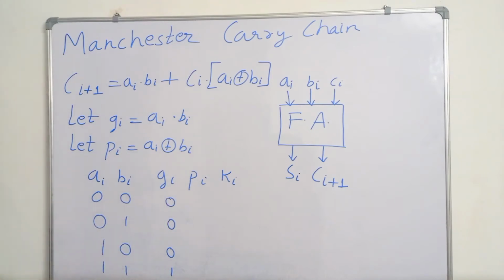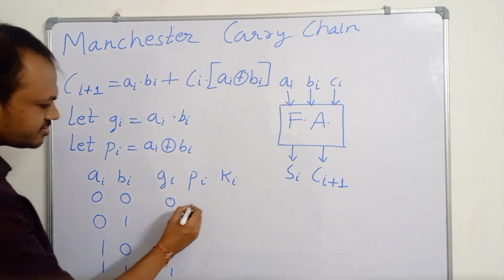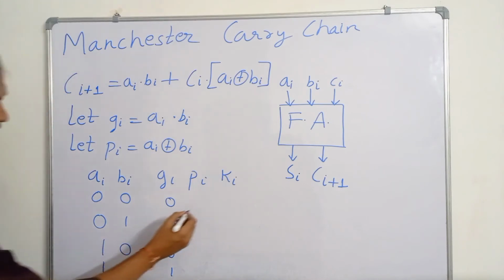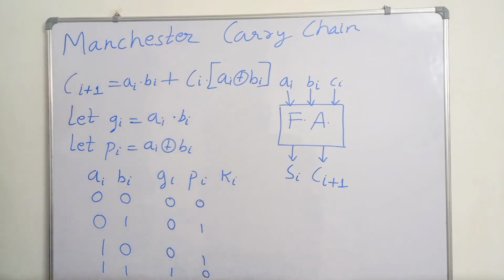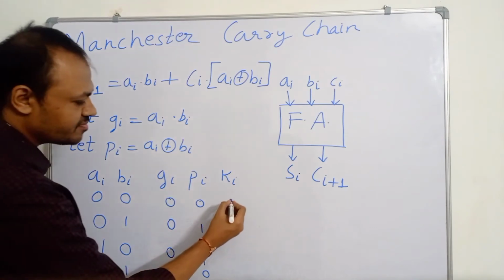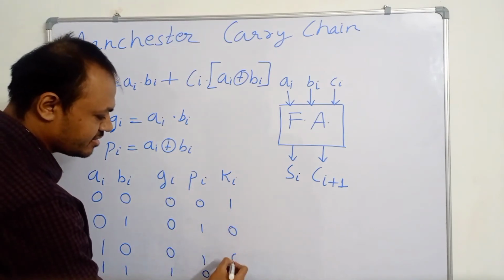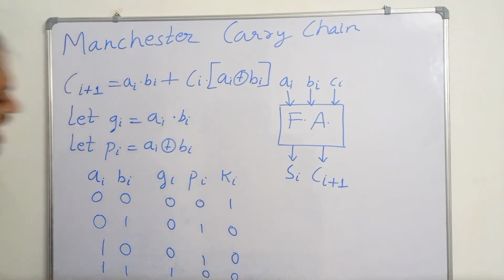When Ai and Bi both are 0, obviously there is no carry. So Ki will be 1 here, and in all other conditions Ki will be 0.